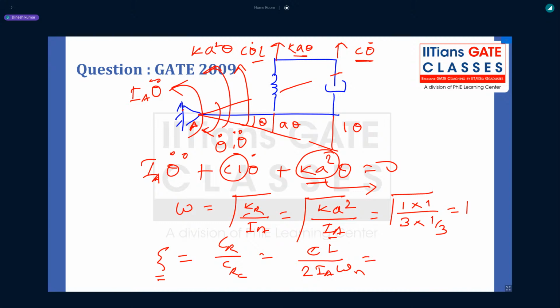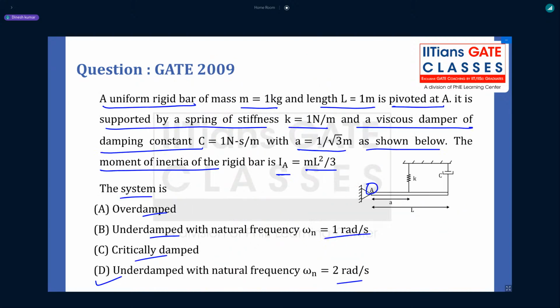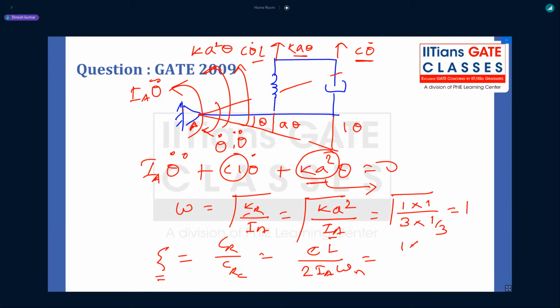So now substitute here. Now guys, what is the C? C is given as 1 Newton second per meter. So it is 1. What is the length? 1. Now by 2. What is the I? It is ml square by 3. So it is m is 1, L is 1 square by 3 into 1.